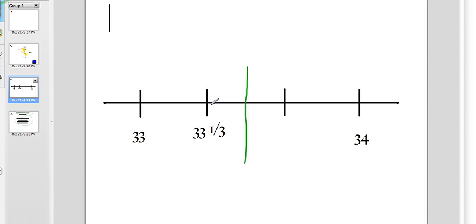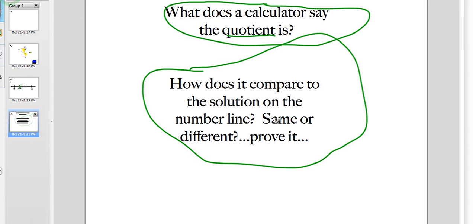So you look back to the number line, and where we said 33 and 1/3 was, how does the quotient you get on the calculator compare to this on the number line? Is it the same, or is it a different spot? Prove it somehow with your explanation.